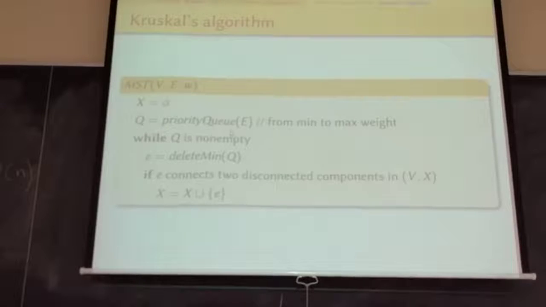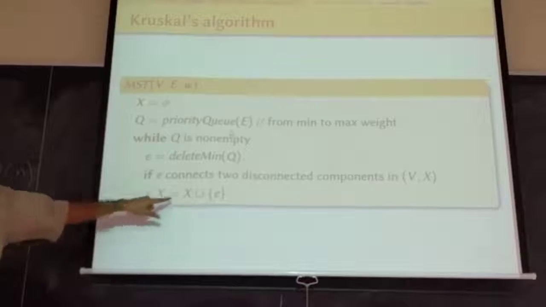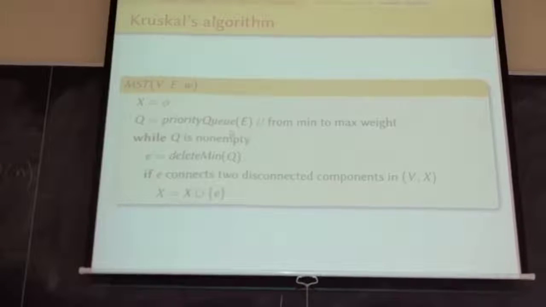Okay, and one of the things we did do is we didn't really tell you how to figure out whether two vertices are in the same connected component or not. So this is called the disjoint set union problem.